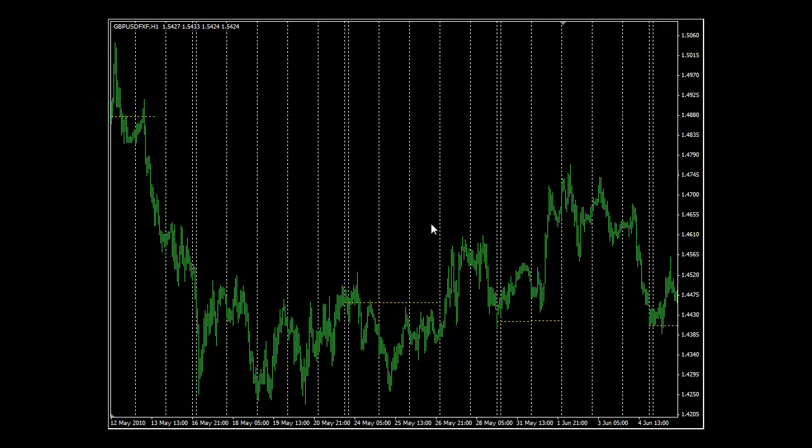But many times you'll see the low formed between Sunday's Open and Tuesday's London Open. In other words, the high or low is usually formed before Tuesday's London Open, but many times you'll see that between Tuesday's London Open and Wednesday's London Open, it actually makes the higher low between those two points.